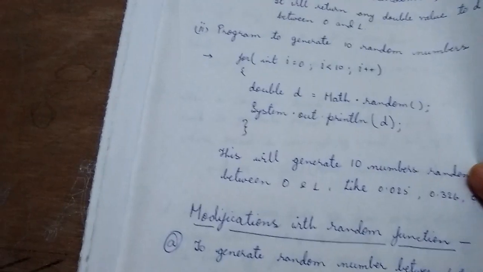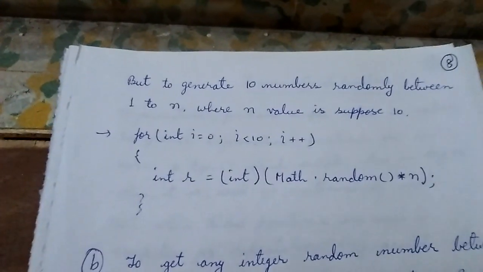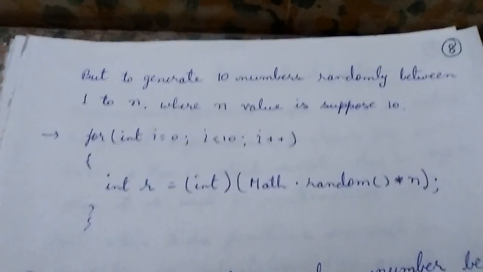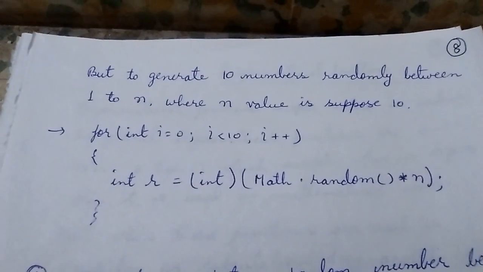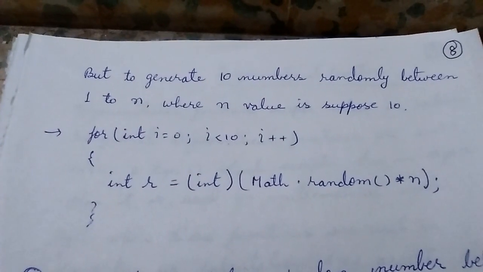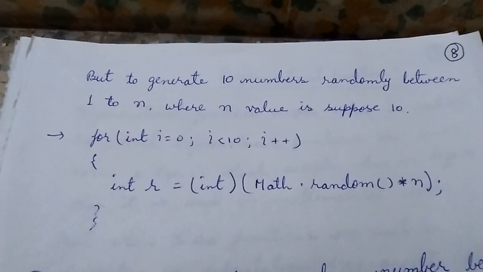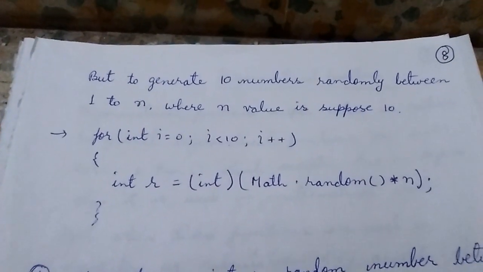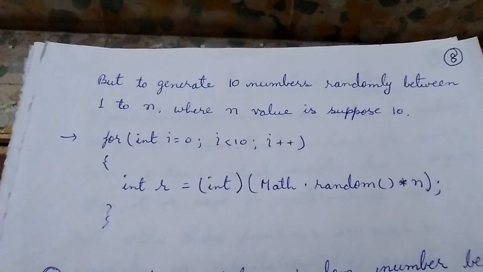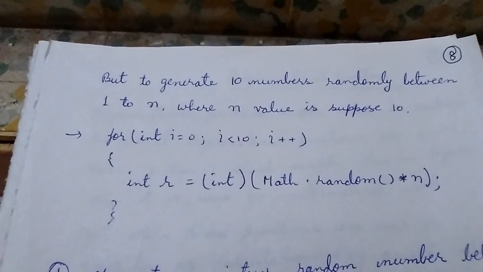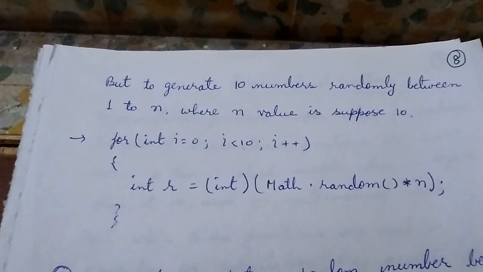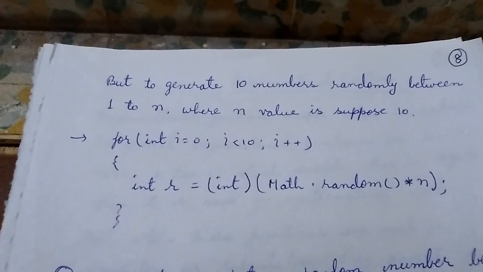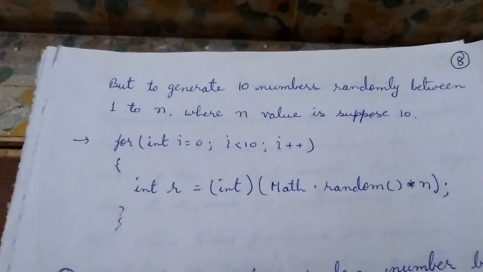Another modification in the random function: if we have to generate 10 numbers randomly between 1 and n, where n is 10, then we put this statement under a for loop and 10 numbers will get generated randomly one after another, not in sequence 1, 2, 3, 4, but randomly like 5, 8, 10, 9, 6.